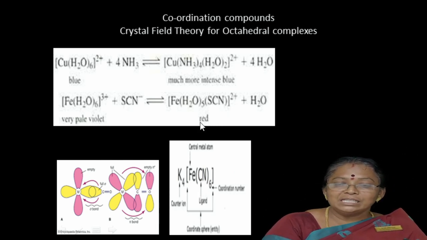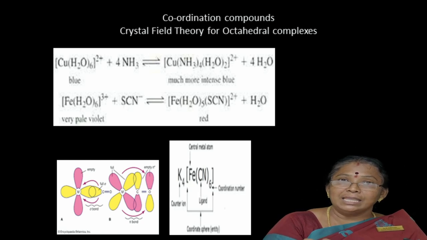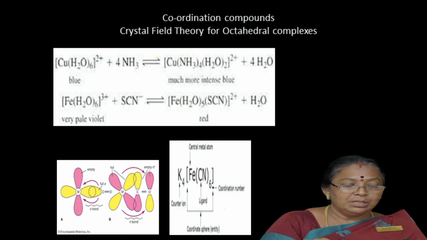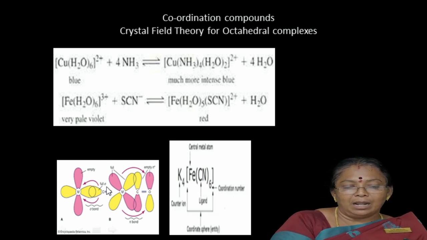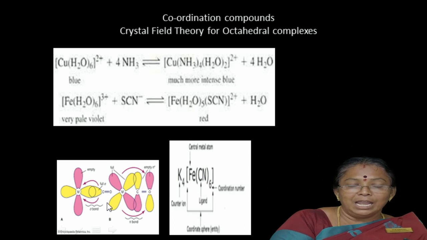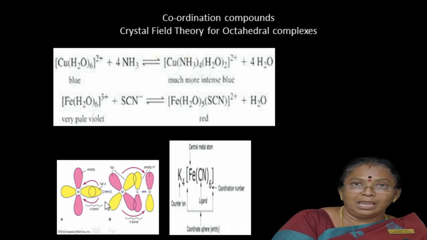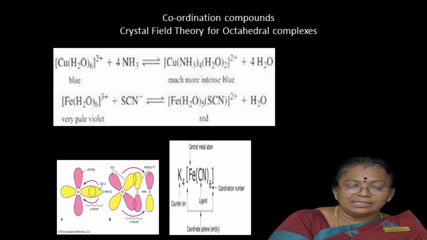What is the reason for that color change and the magnetic property? These things are discussed in crystal field theory. Here, this is the central metal atom. The d orbitals are present in the metal ion: dxz, dyz, dx squared minus y squared and so on are the 5 lobes of the metal atom.